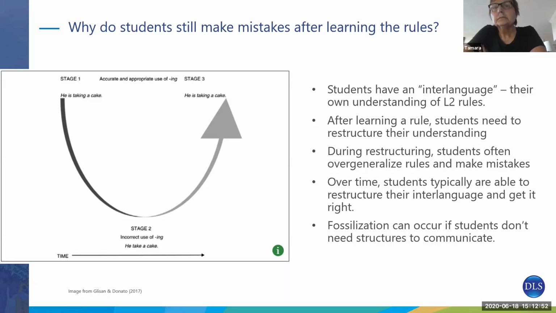So that's one of the reasons why it's really important to pair teaching grammar with meaning and making sure that the students see a real communicative purpose and a reason why they have to memorize the grammar rules. Okay.